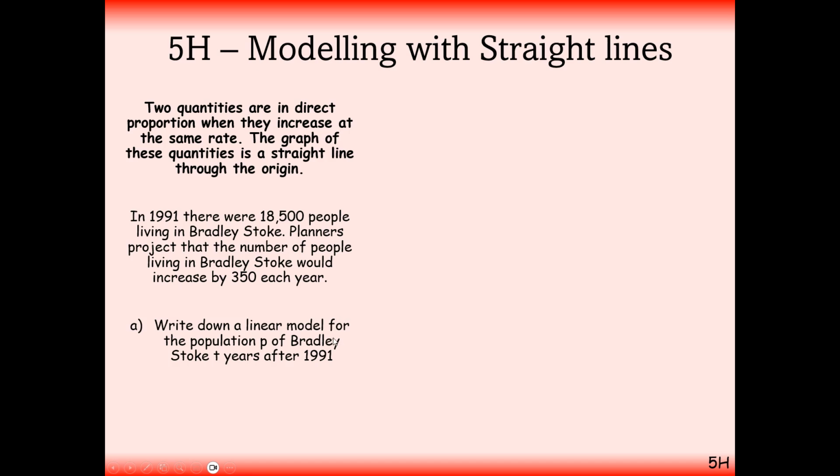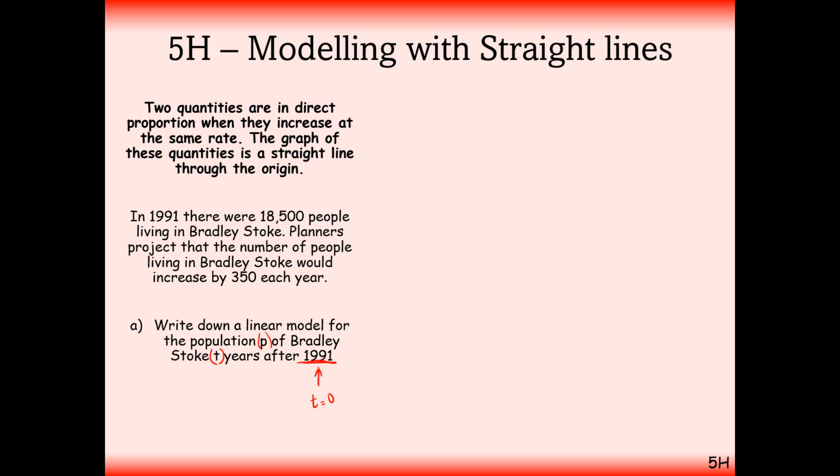So write down a linear model for the population. Let's call this population P. We're just abbreviating population to P of that city, Bradley Stoke. And we're gonna use letter T for years after 1991. So don't get confused with 1991. That's when time is 0.